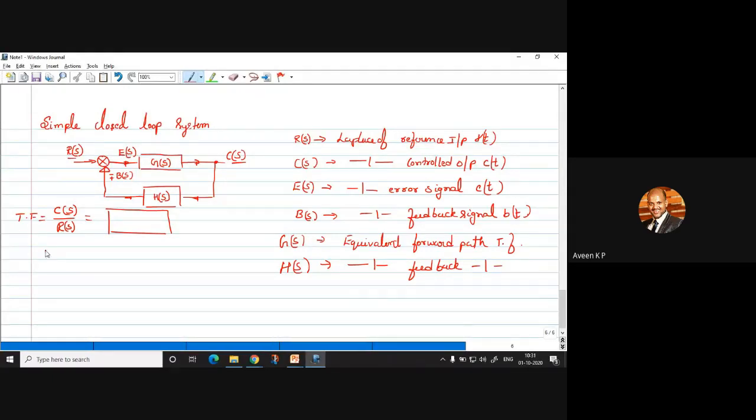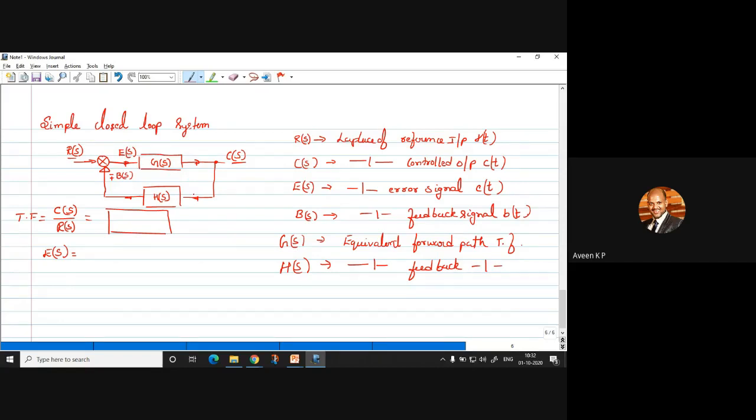So I can write E of S as R of S plus or minus B of S. E of S is nothing but the error.